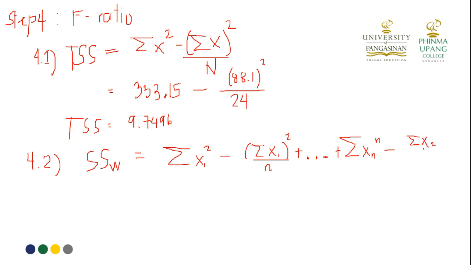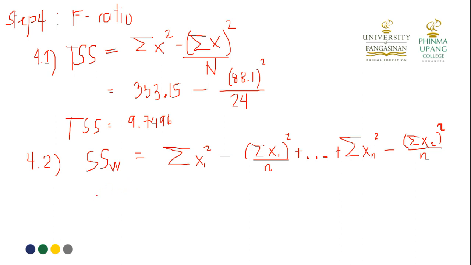Ako na magsusulat, mahaba to eh. Raised to 2. Wait, may n dito eh. Dapat 2 yan, hindi siya n. Gawa-gawa ko lang yung formula na to, kasi mali yung nasa module.